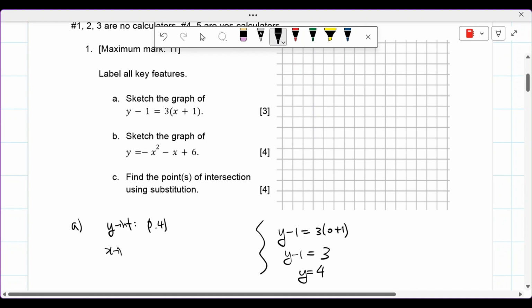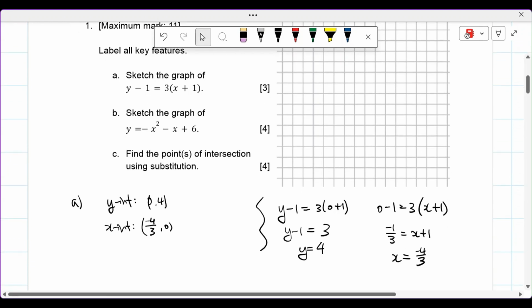Same thing, let's find the x-intercept, which means that y is equal to 0. So my x-intercept is negative 4 over 3, comma 0. And for a linear function, that's all I need. So I'm going to just plot these 2 points and sketch a line across them.